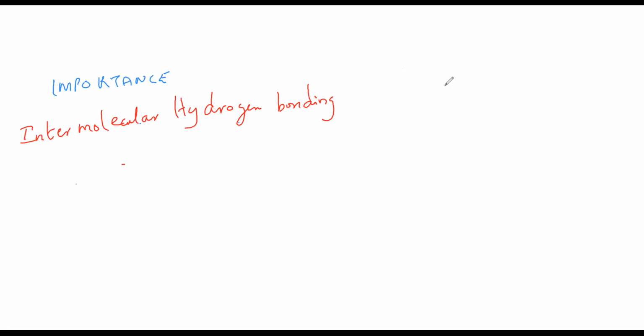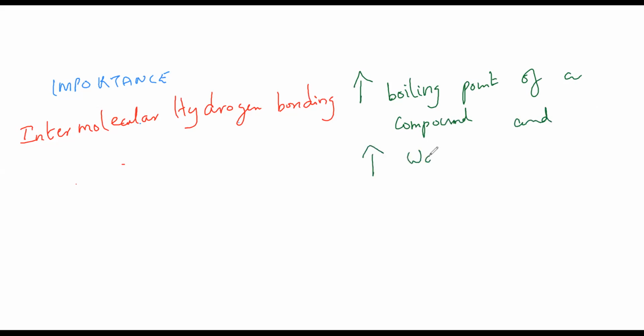It increases the boiling point of a compound, also increases its water solubility. Again, they can ask this in entrance. Each and every point in the textbook we have to be very clear, thoroughly reading the textbook.